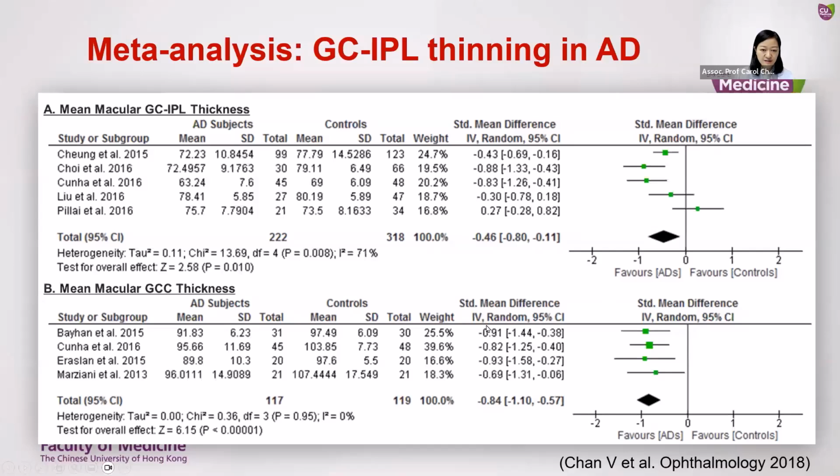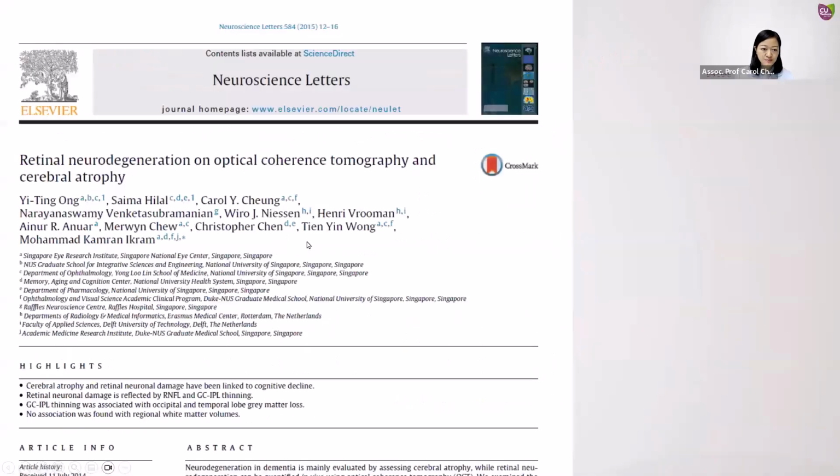Numerous studies have investigated the association between OCT measures and AD dementia. In a meta-analysis, we further confirmed that Alzheimer's disease patients have significantly thinner average ganglion cell inner plexiform layer thickness in the macular region, in addition to well-established retinal nerve fiber layer thinning in Alzheimer's disease.